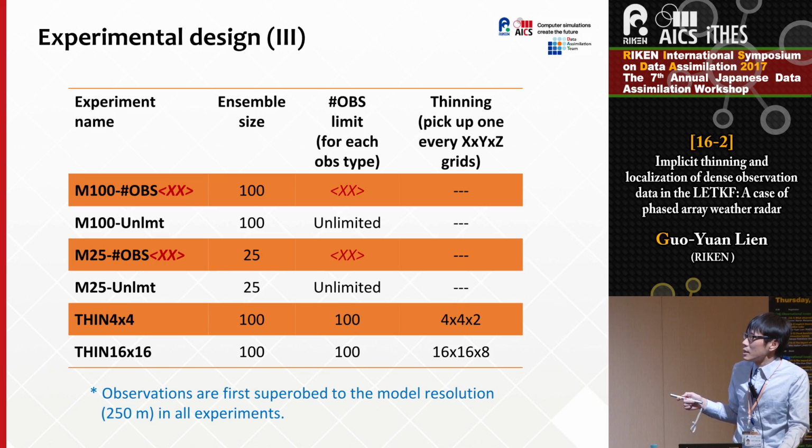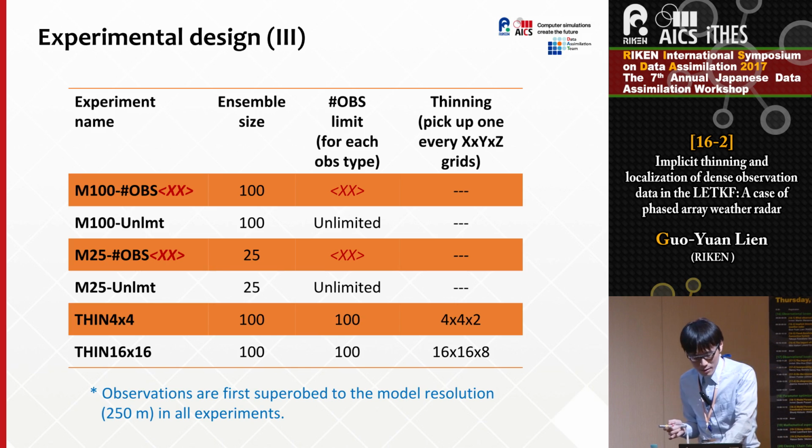The first set is with 100 ensemble members, and we tested several different number limits, and also unlimited, which means the original LETKF. We also conduct experiments with fewer ensemble members, 25 members.